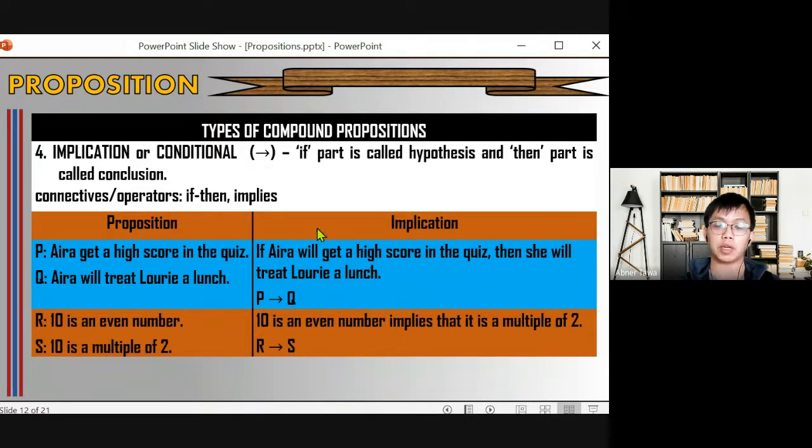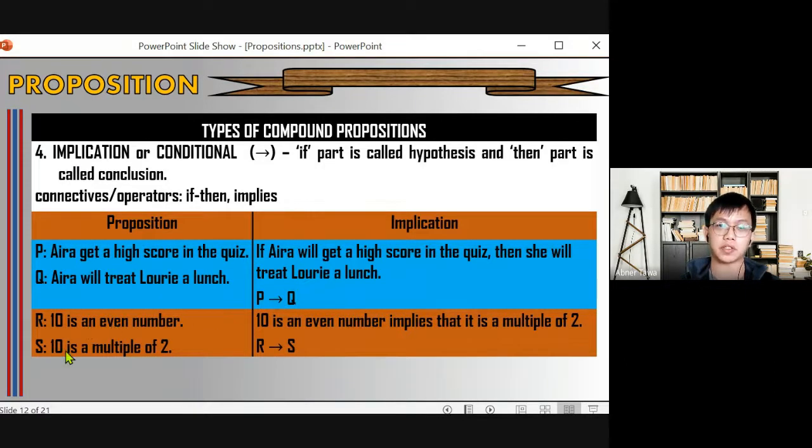So if we're going to make an implication for that or a conditional, we can use the connective if then. Therefore, we're going to have here an implication. If Ira will get a high score in the quiz, comma, then she will treat Lori a lunch. If we're going to symbolize this implication, we're going to have if P, then Q. If P, then Q. That will be the symbol.